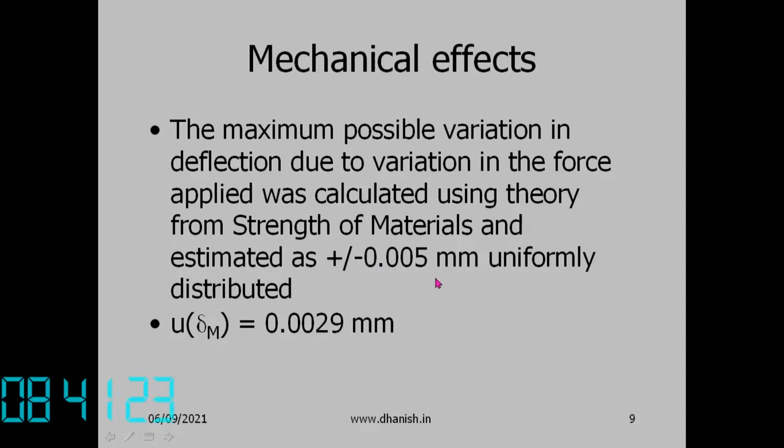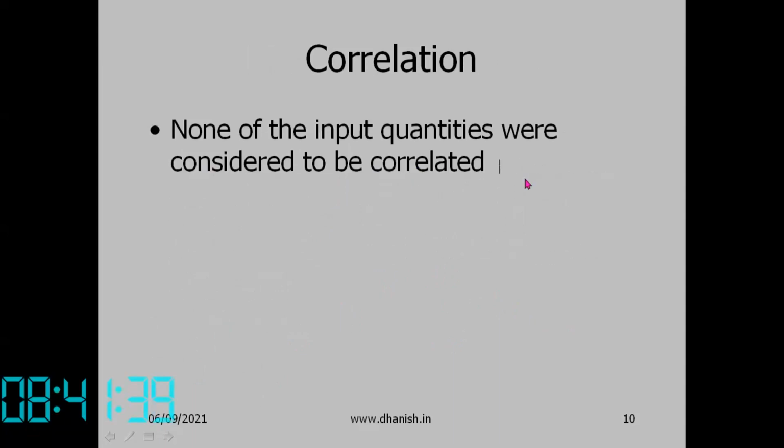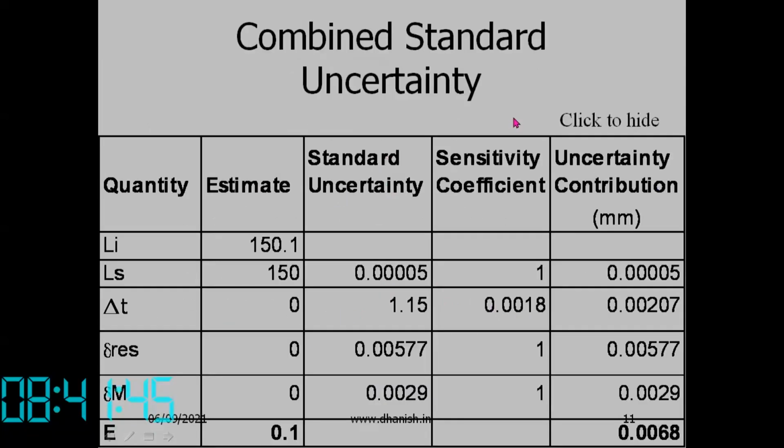So 0.005 by root 3 is 0.0029 mm. So sensitivity of delta m is 1. So all sensitivities are 1, it's just additive. Correlation: assume that none of the input quantities were considered to be correlated. So we neglected all the correlations.